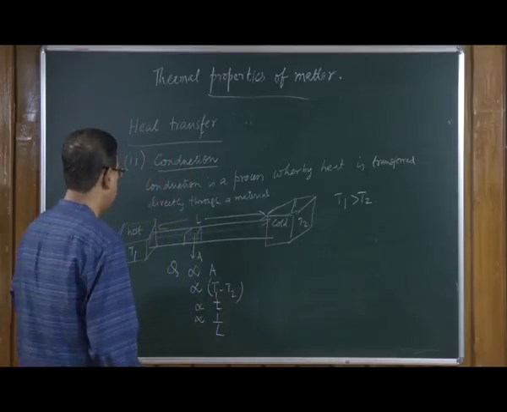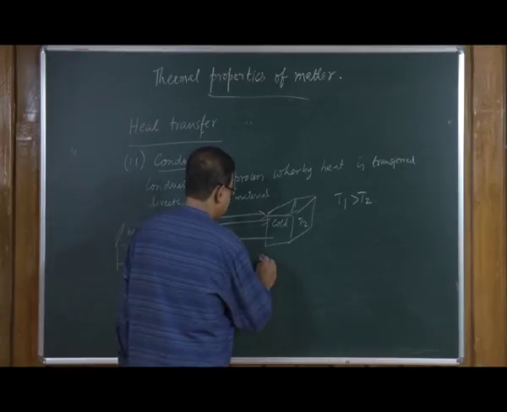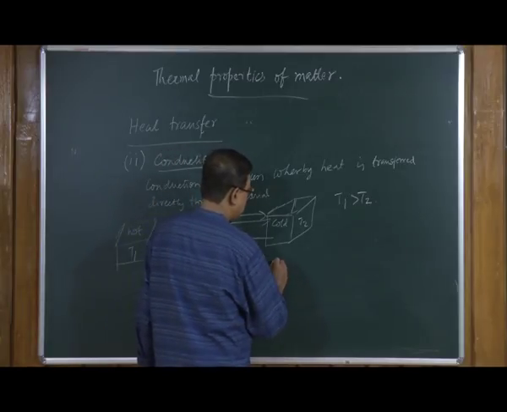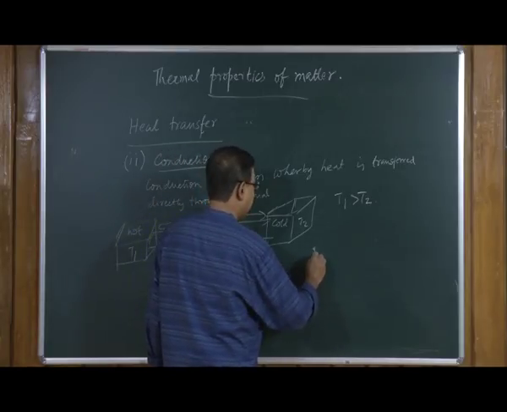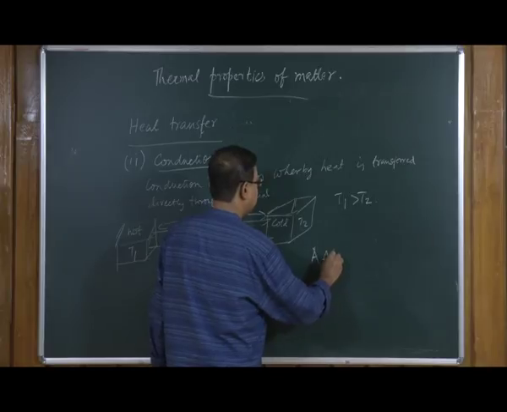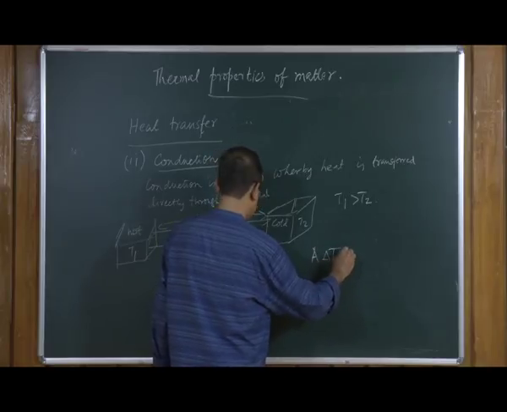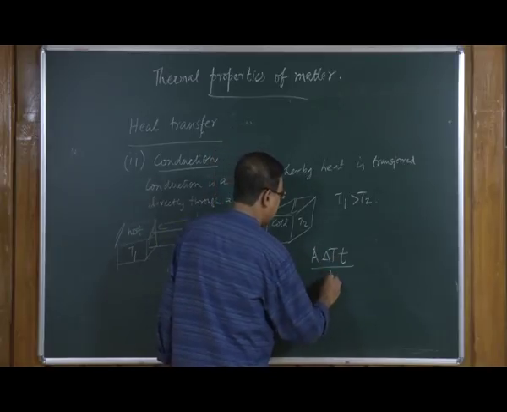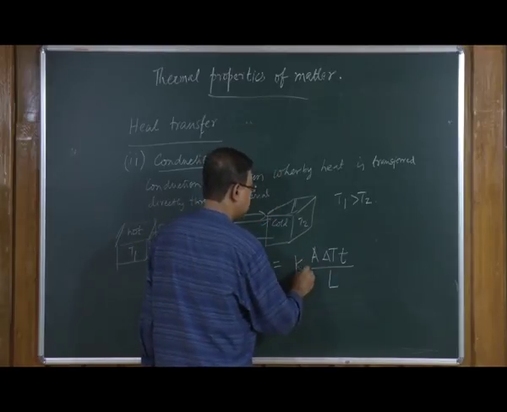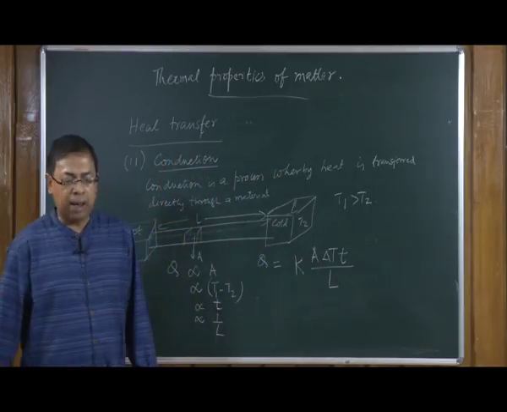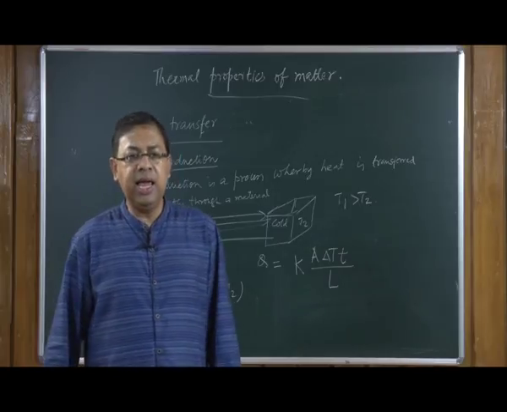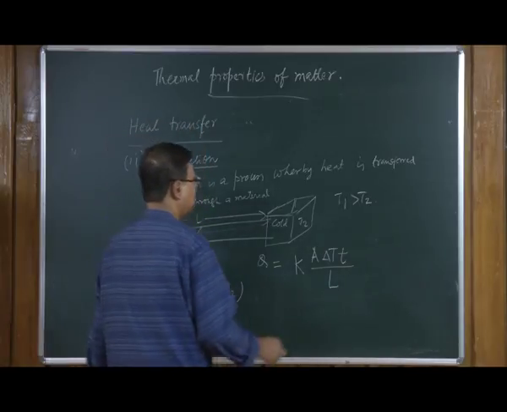And if we put everything together, Q is equal to K A delta T t by L, where we have to put a proportionality constant which is denoted by a capital K, and K is known as thermal conductivity.